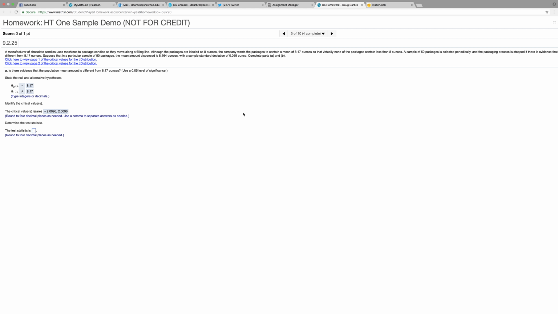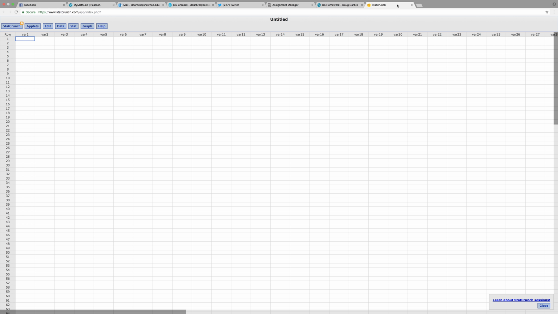N is 50. Sample mean is 8.164. And the sample standard deviation is 0.059. Guys, if I don't write that down, there would be no way in the world I would remember all that.